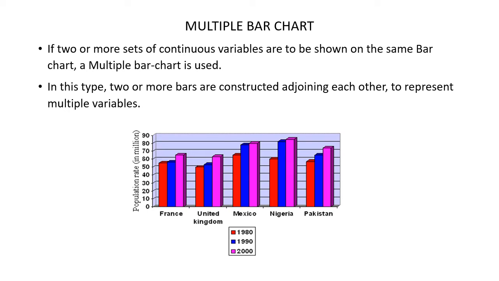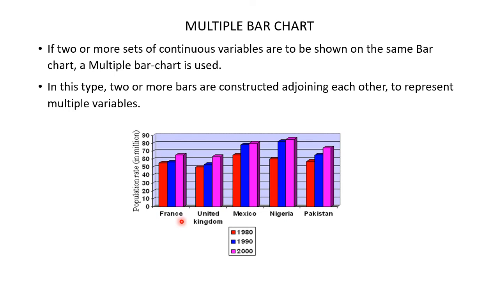Now, as you can see in this multiple bar chart, for each country, the three different bars are constructed adjoining each other to represent the population in the year 1980, 1990 and 2000.